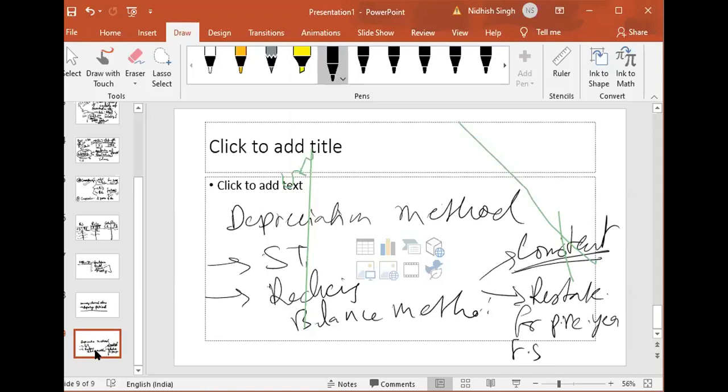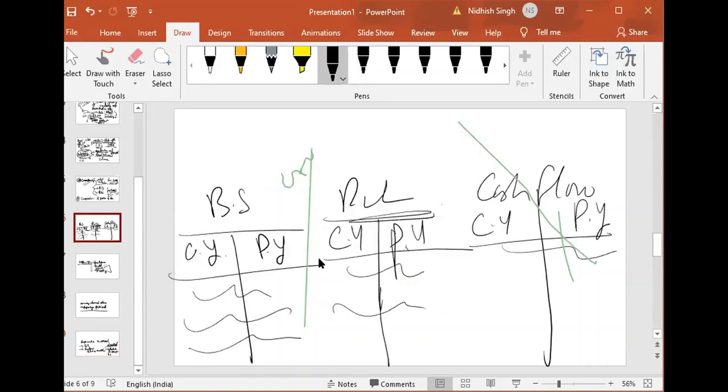financial statement. Do you remember? You promised to show 2 years of the financial statement here, current year and previous year.